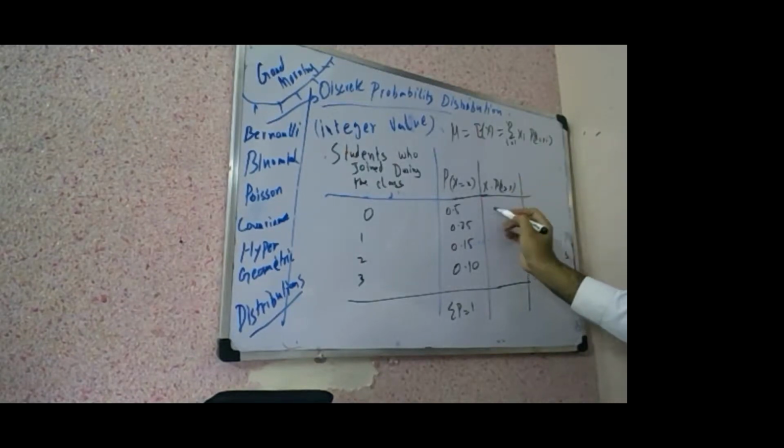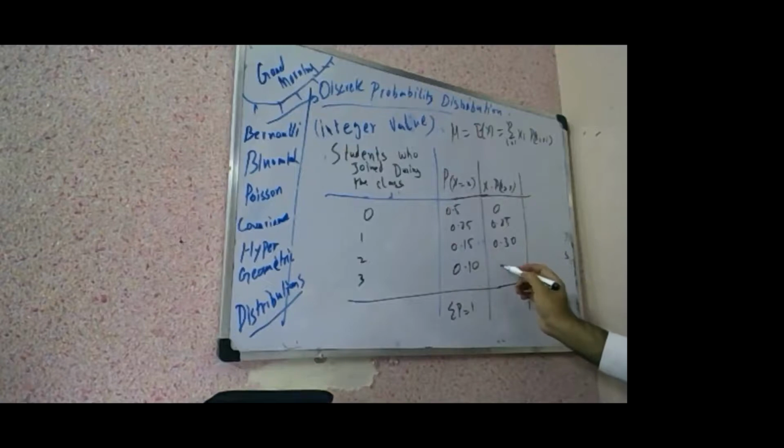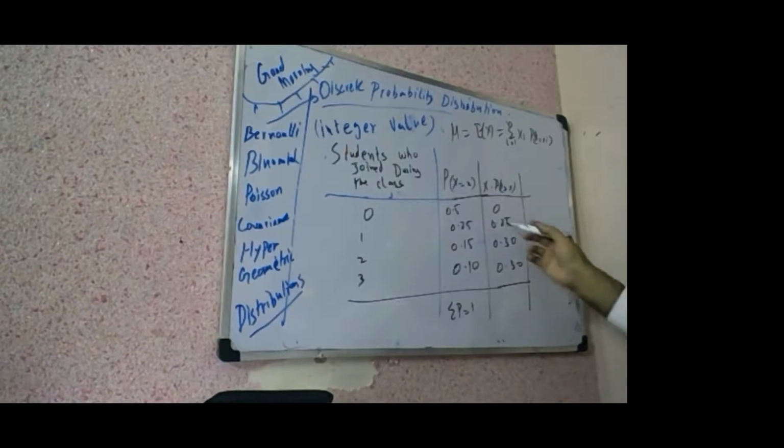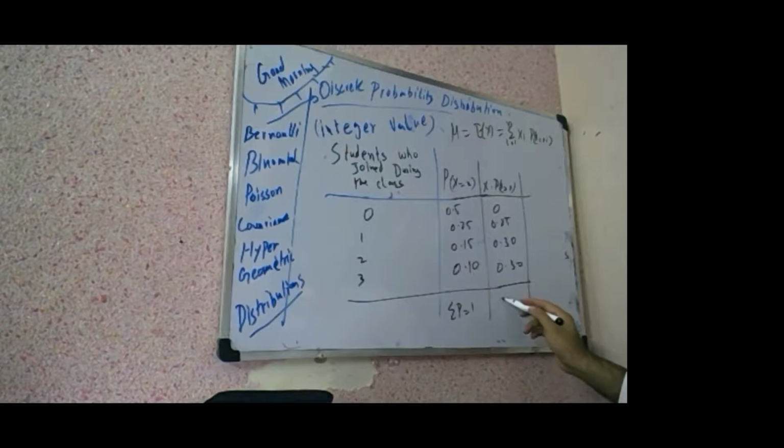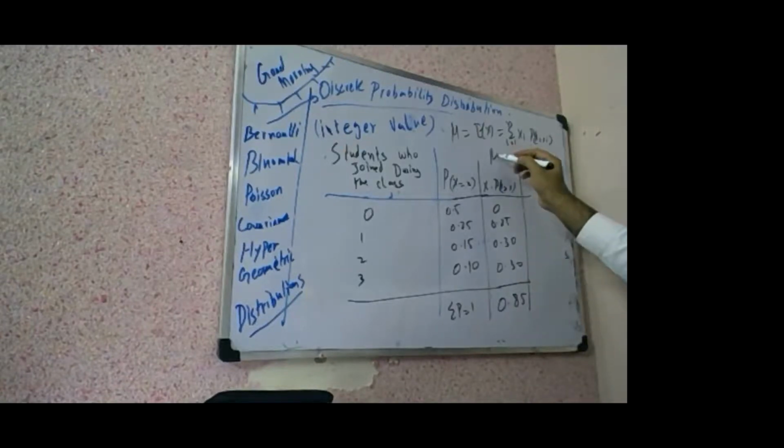Right? So 0, 0.25, it's going to be 0.30, it's going to be 0.30. So what is the mean? It comes to 0.85. Right? So is it possible to have a mean of 0.85?